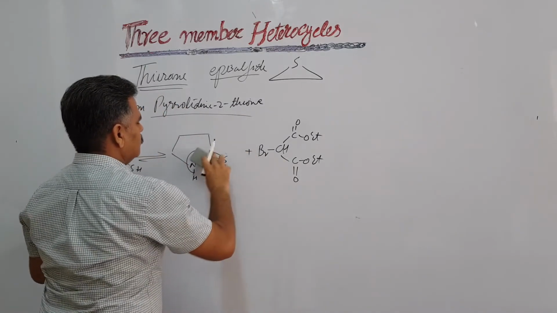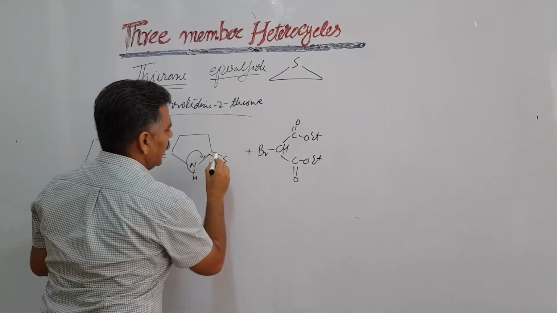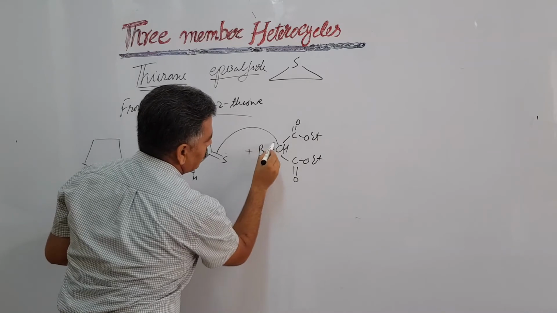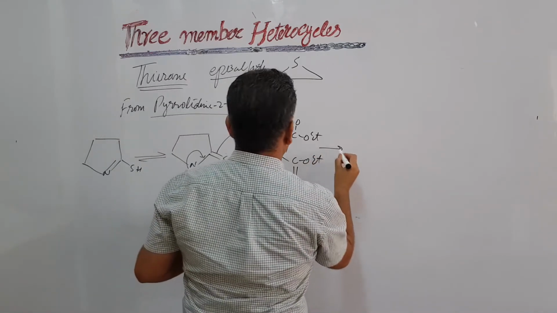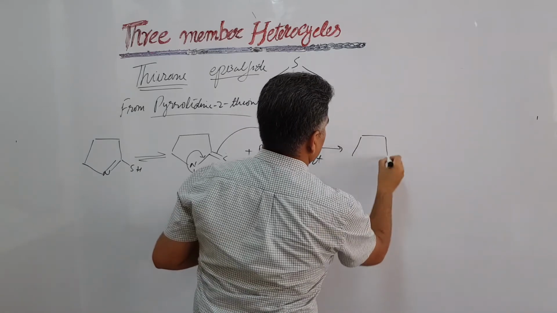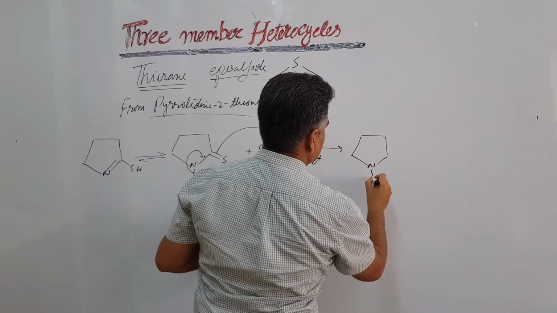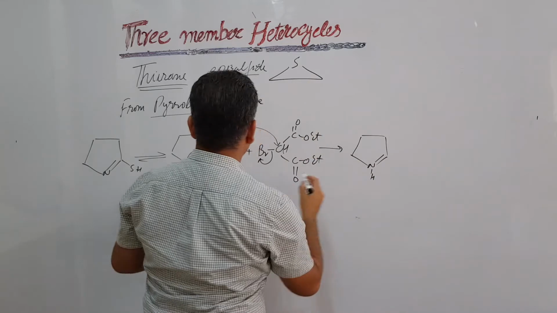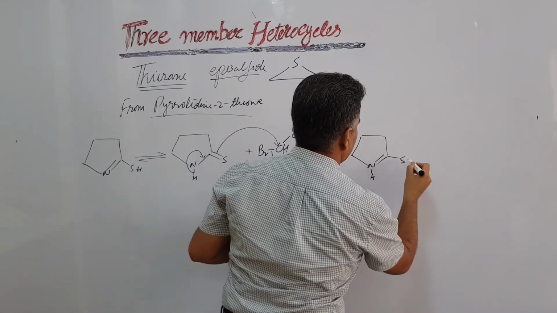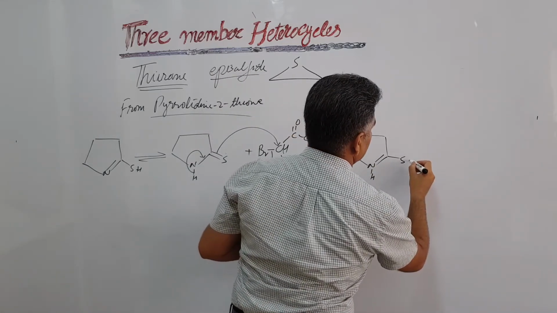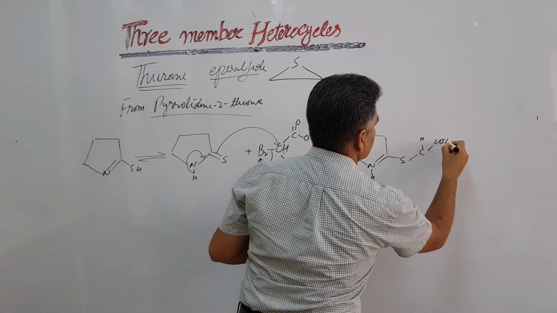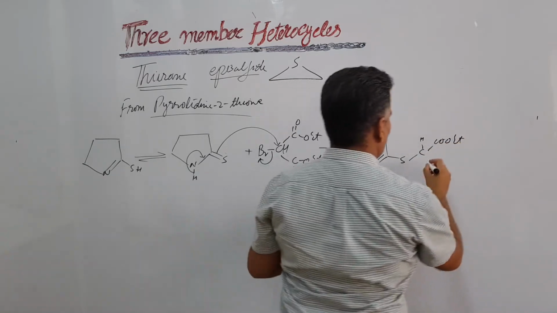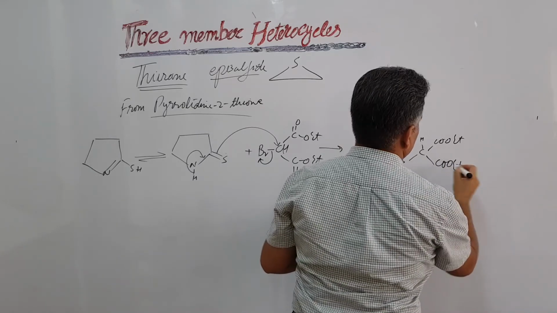So these pi electrons attack at this alpha carbon and Br is removed. Here we have N double bond and S, then we have CH, COO, ET.